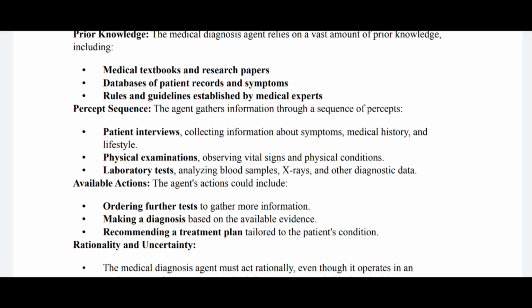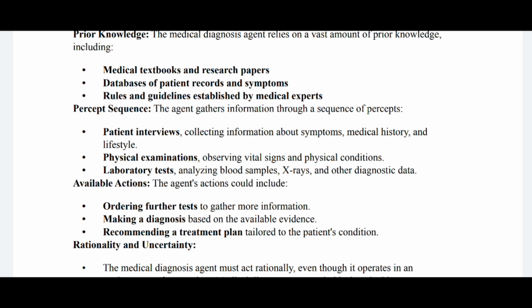Physical examination means observing vital signs and physical conditions, whether the body has any rods or metal. Laboratory tests include blood samples, X-ray, and I think MRI, and chemical diagnosis tests also.